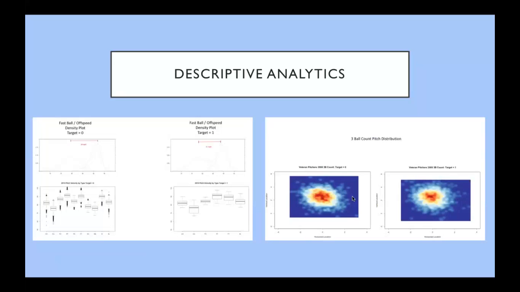And then the overlay density plots on the top show the difference in velocity between a pitcher's fastball and off-speed pitches. And what you can see is that the successful pitchers have a wider range between them. So they're doing a better job of varying their velocity in the different types of pitches.